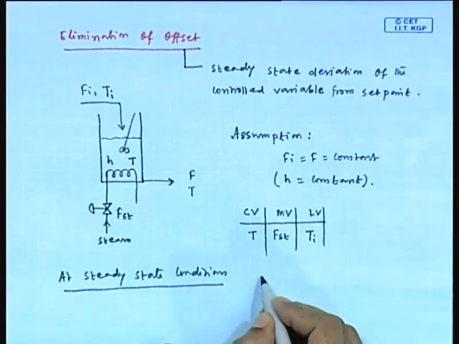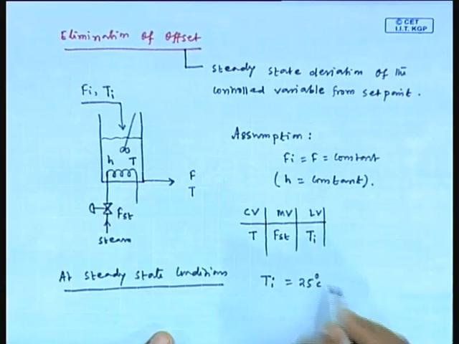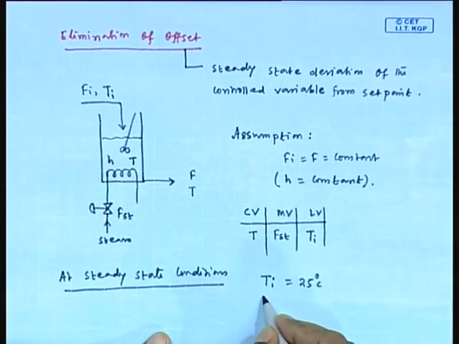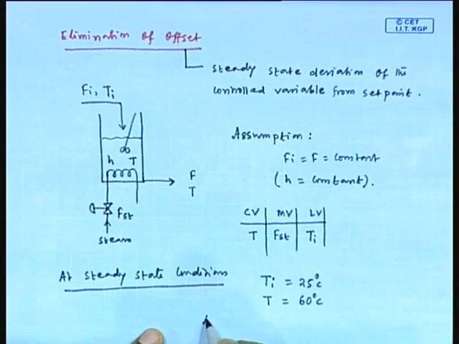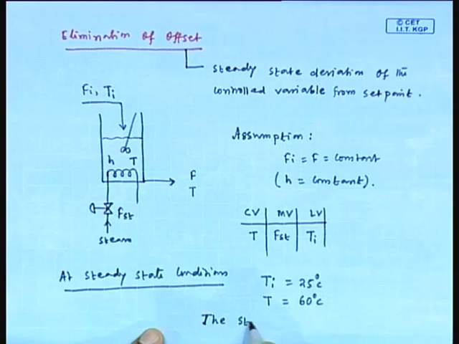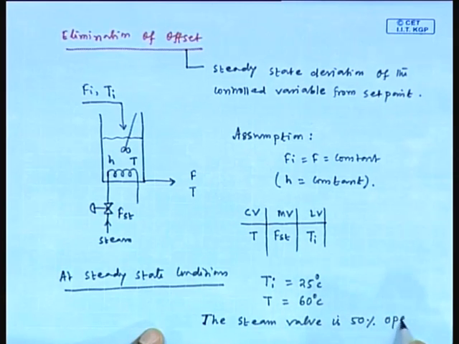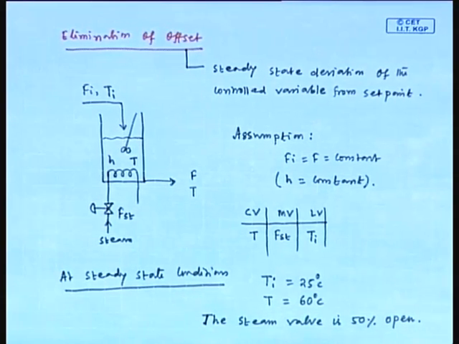Ti equals 25 degree Celsius, T is 60 degree Celsius, and at steady state the steam valve is 50% open. These are the steady state conditions.